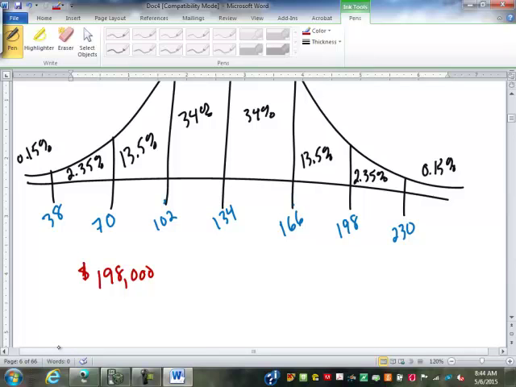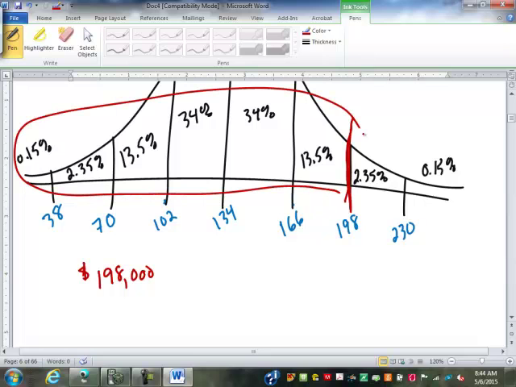Well, yeah, it may have a lot of things and stuff that you like, but $198,000 hits the curve right here. If I add up all these numbers, and the reason I would add up those numbers is because what I'm going to ask is what percent of the houses that are the size I want would be cheaper than this.